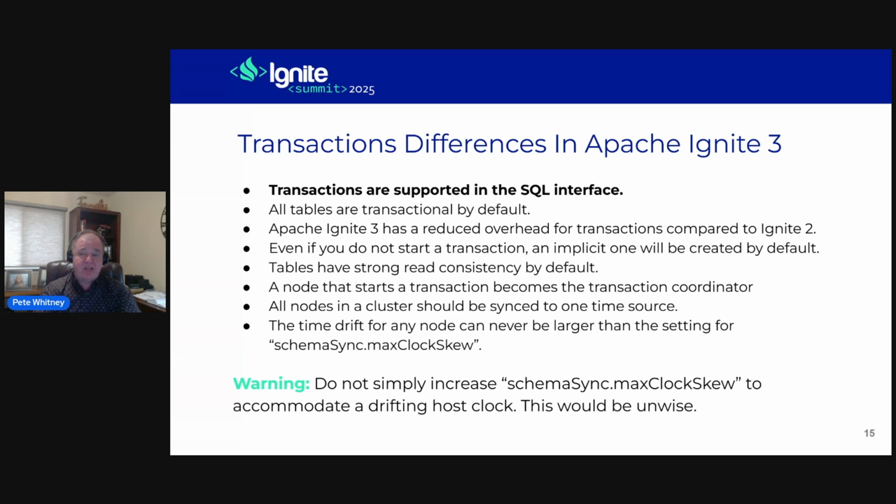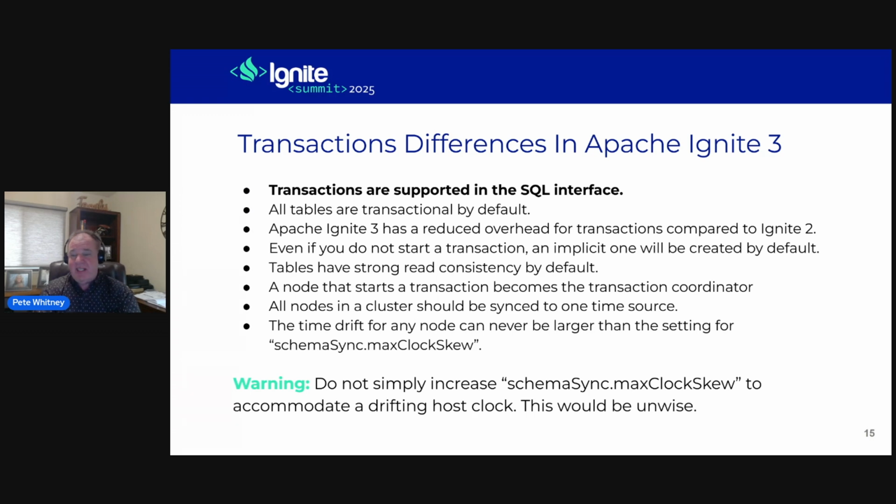Even if you do not start a transaction, an implicit one will be created by default. But understand that that implicit transaction is only going to be applied to a single row update, which is similar to having an atomic mode in Apache Ignite 2, except there is actually a transaction active for that row update.